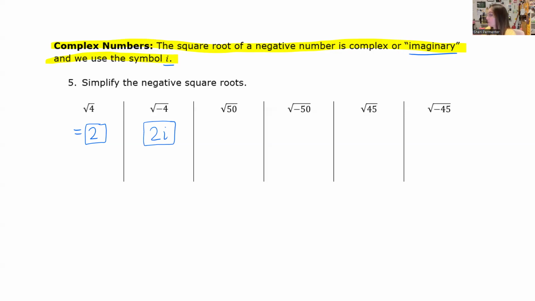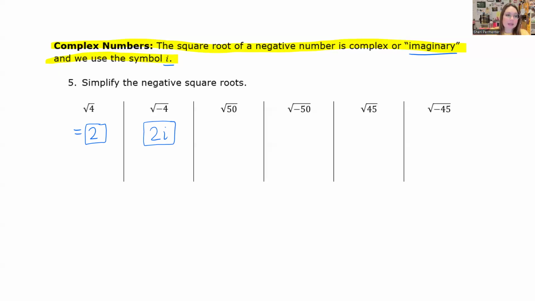Remember, a perfect square is 4, 16, 9, 25, 49, 36. Those are all perfect squares. And Nathaniel told us a perfect square that can divide into 50 is 25.